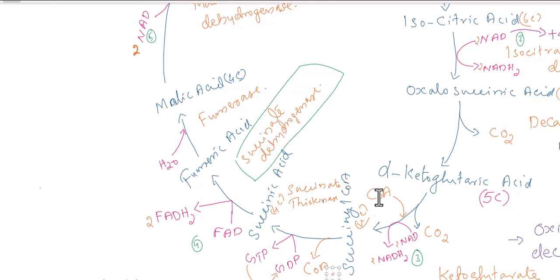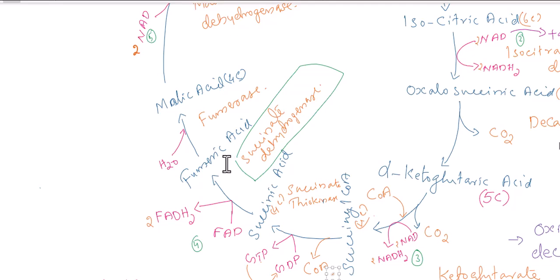The remaining enzymes of this Krebs cycle are present in the fluid part or matrix of the mitochondria, except this one, succinate dehydrogenase. Thus the next compound, fumaric acid, is produced.